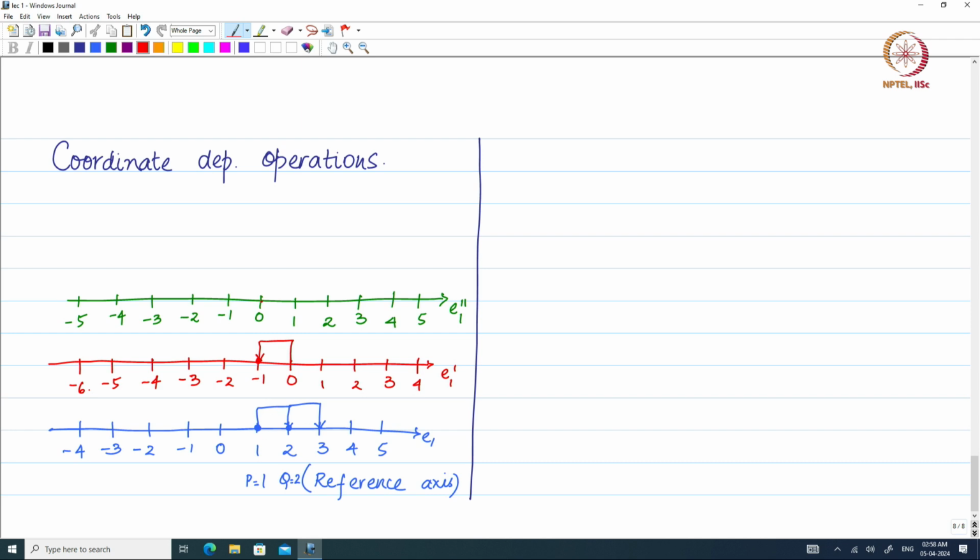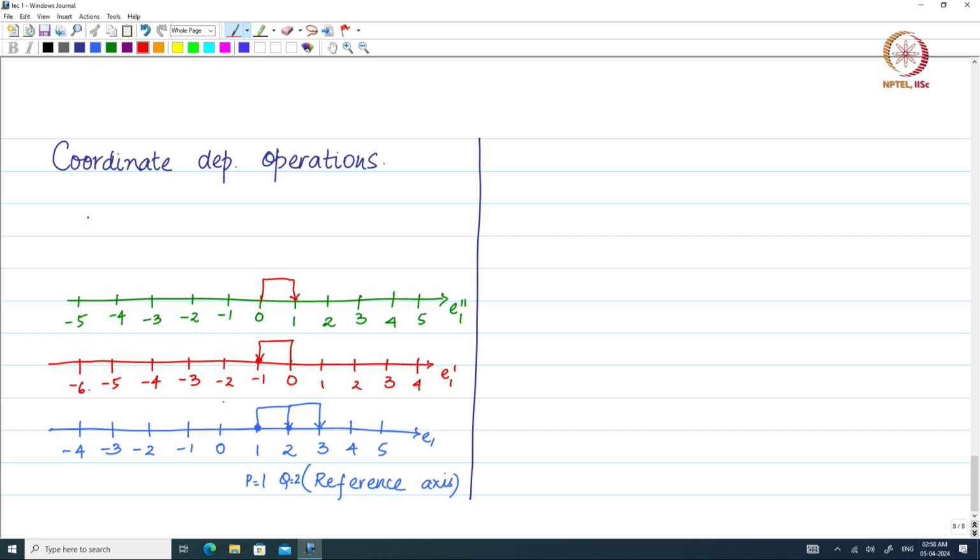So, what do I do here? I basically go from... So, I am going to add 0 plus 1 and I will remain at 1. Is that clear? Now, you see it is the same operation that we are doing, but with a different coordinate system the value that we get is different.